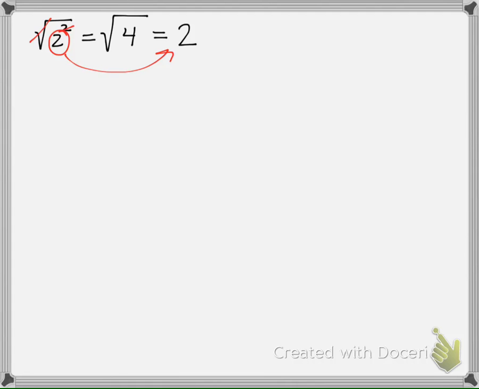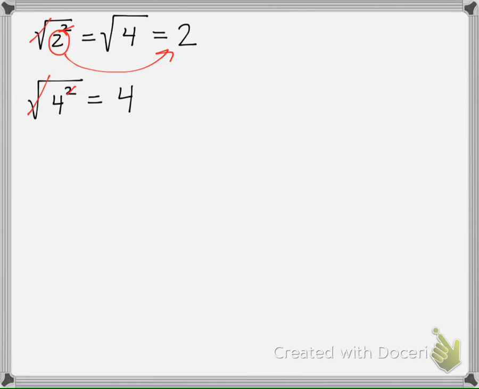So let's try that one more time. Let's look at the square root of 4 squared. Well, this time, since I know that I can cancel the square and the square root out, I'm going to cancel the 2 and the square root, and I'll be left with the number 4.